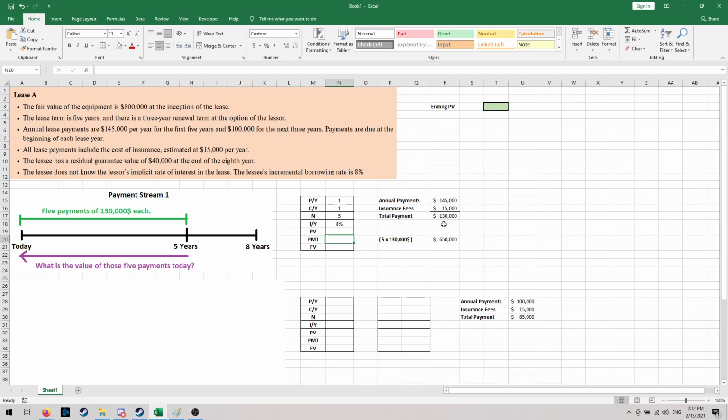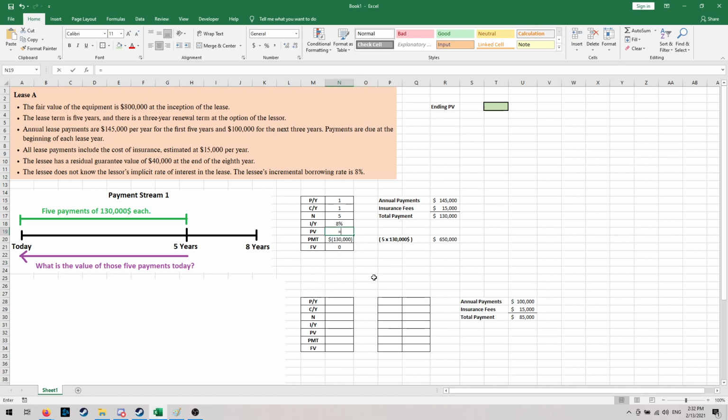Now remember that this is payment that we're paying out. It's money that's leaving our bank account. So it's going to be a negative number. And finally, the future value of this money is 0. We will have paid off all the debt we owed, the money owing on the lease. So we won't actually have a future value.